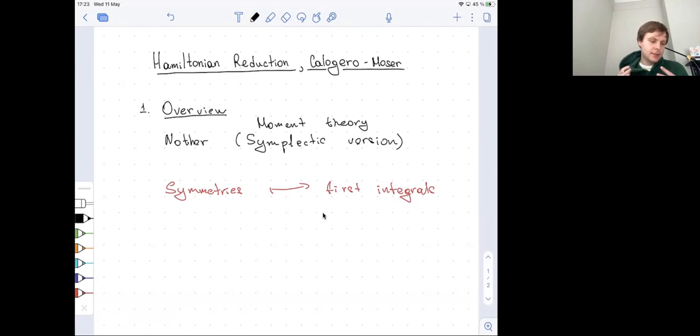Such a theory, the moment map theory, can be used in different contexts, and it's not only about Hamiltonian systems, but there are a big bunch of geometrical problems where you use this theory.